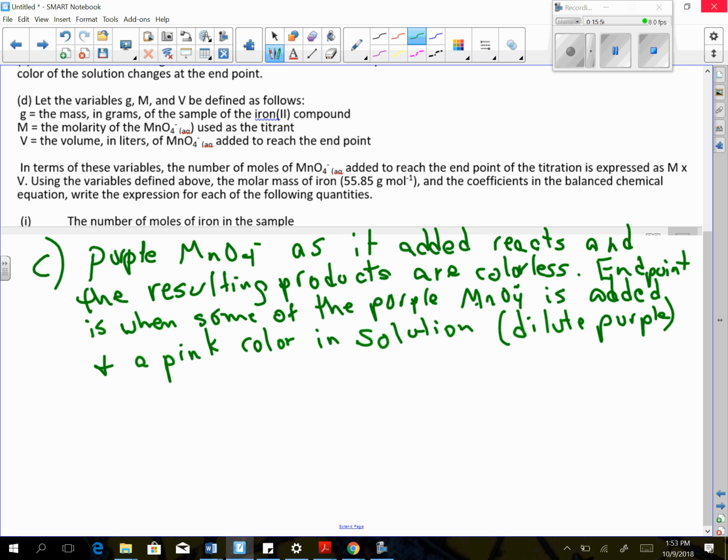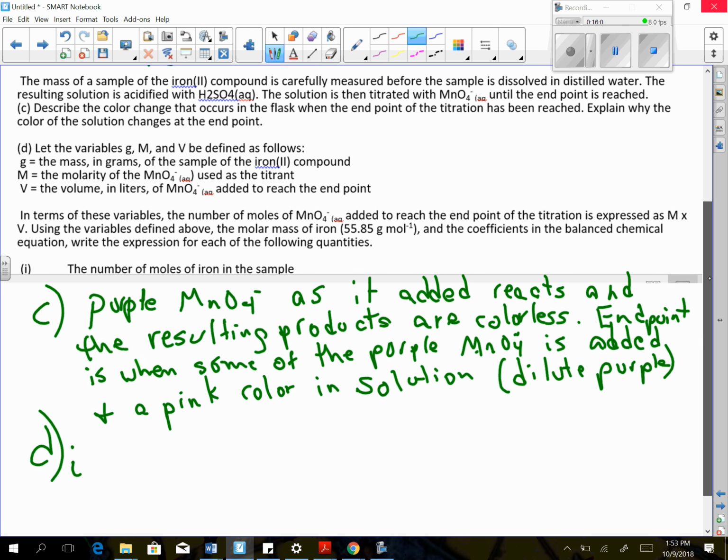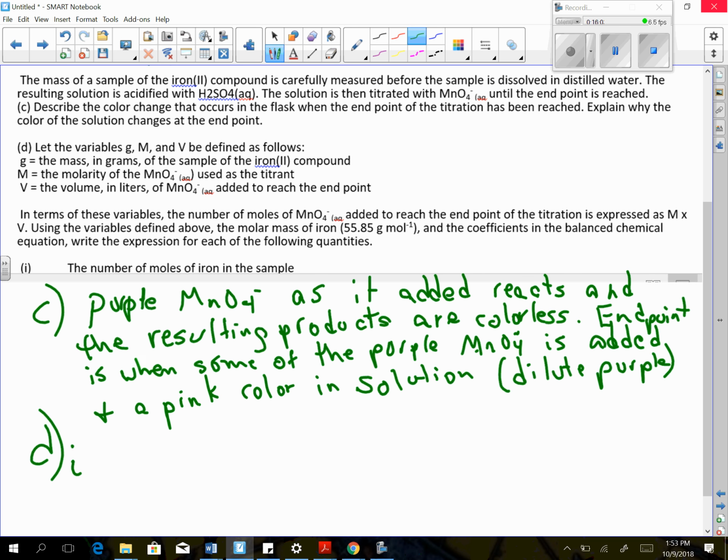But let's look at D. If we look at this, we are supposed to answer this question for this titration in terms of G, which is the mass in grams, capital M, which is the molarity of the permanganate, and then capital V, which is the volume.